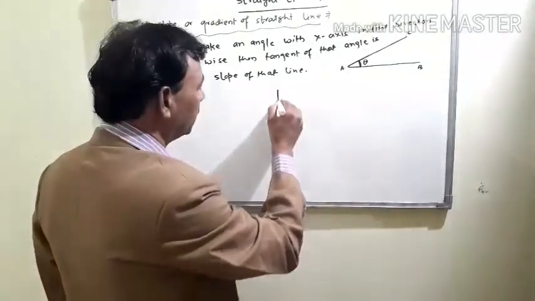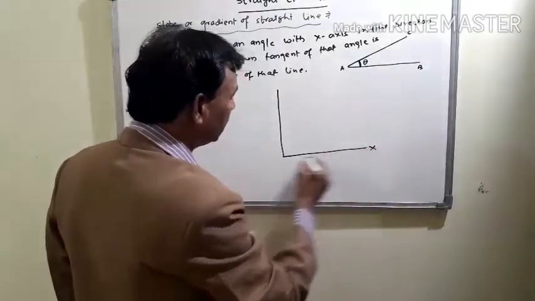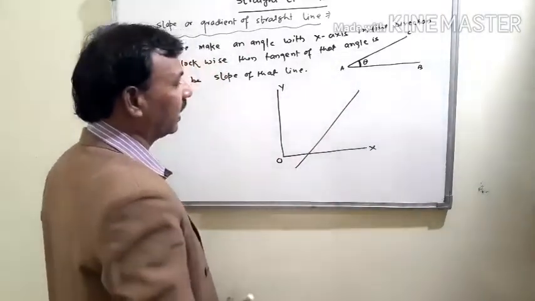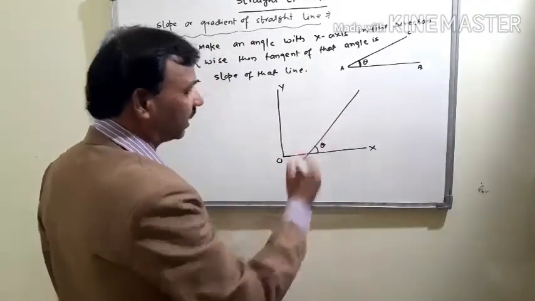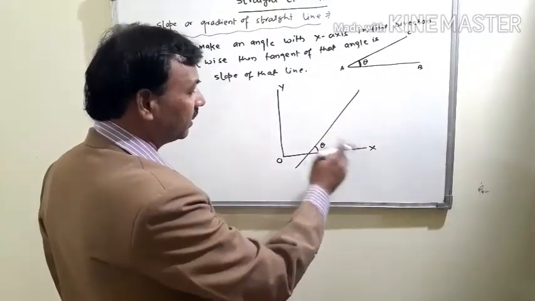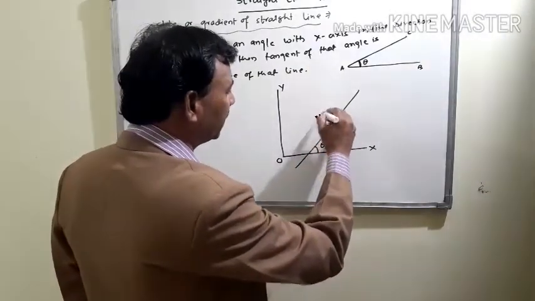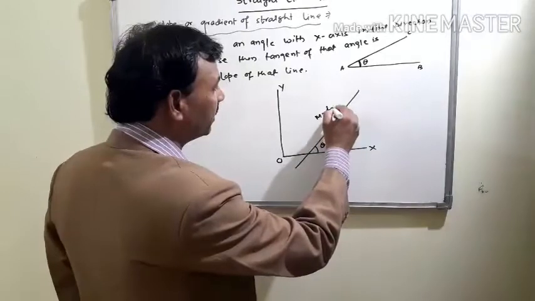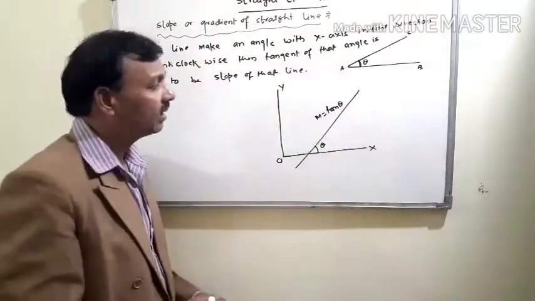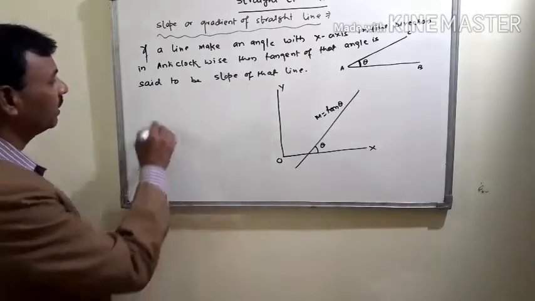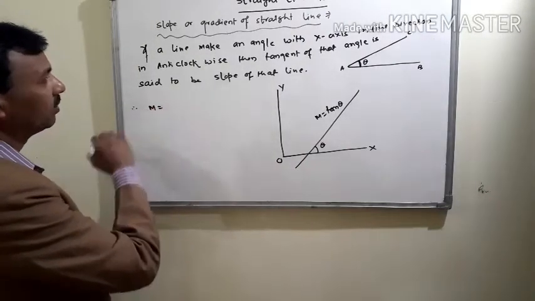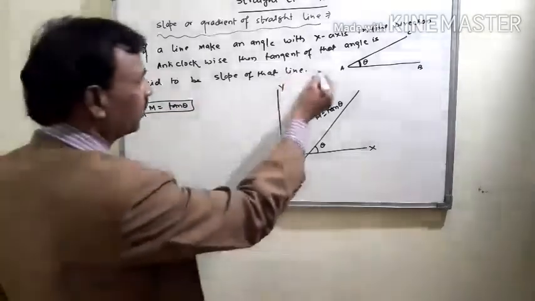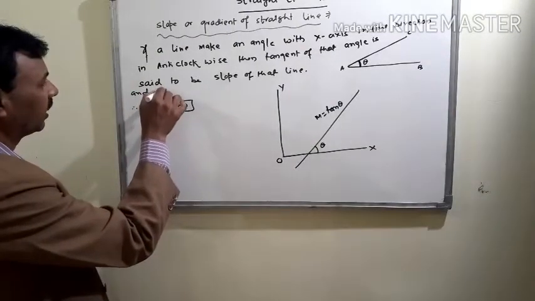Suppose this is the x-axis and this is the y-axis, and suppose this is a line that makes an angle theta with the x-axis. Then the slope of this line is represented by m, and m equals the tangent of this angle, that means tan theta. This is known as slope. We write it and denote it by m.